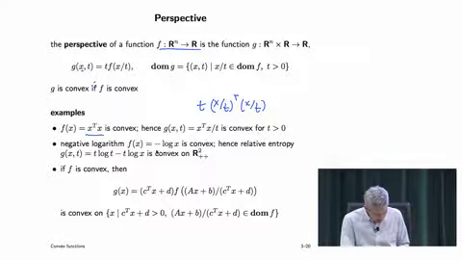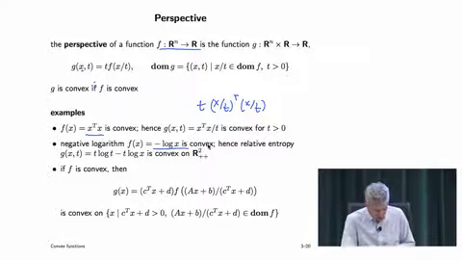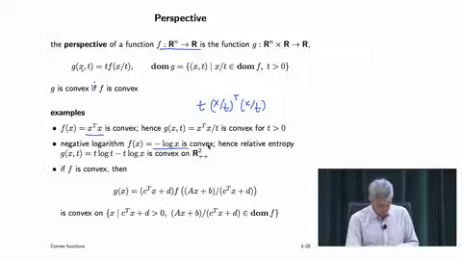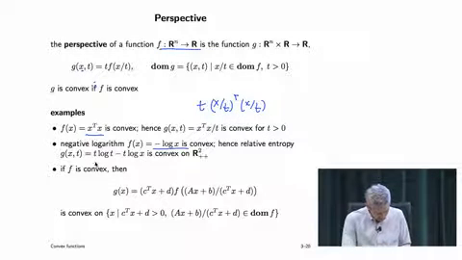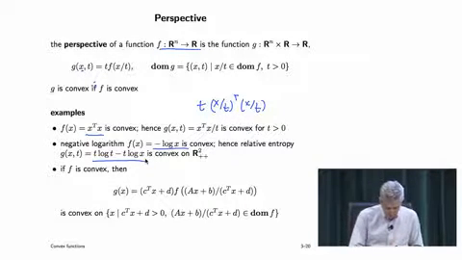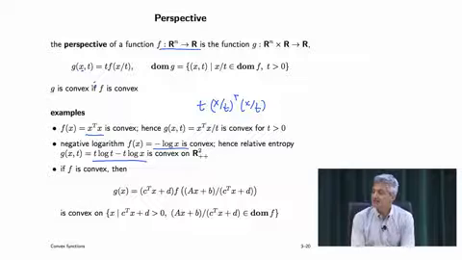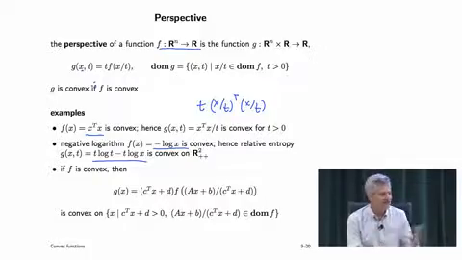Here's another one. The negative logarithm is convex. If I calculate its perspective, it's simply t log(t/x), and that is the relative entropy. It says that is going to be jointly convex in t and x. So a lot of things will come out.